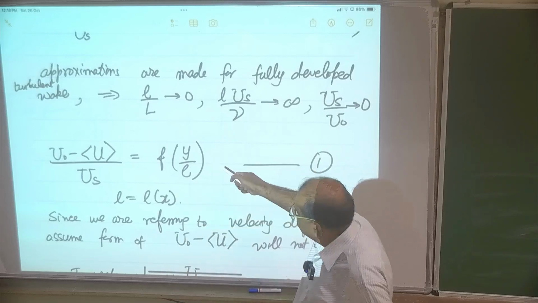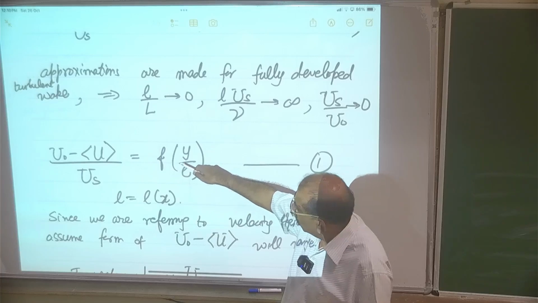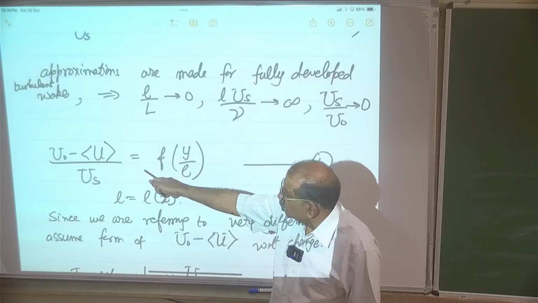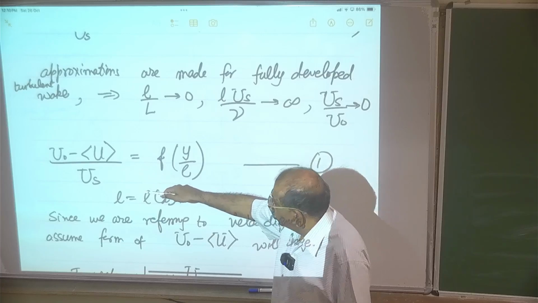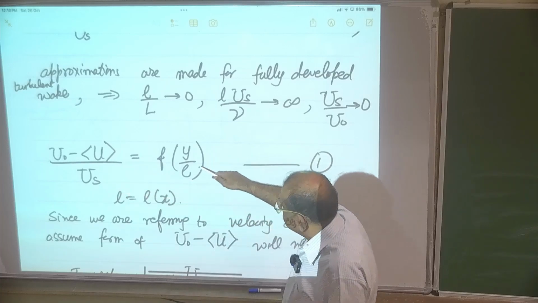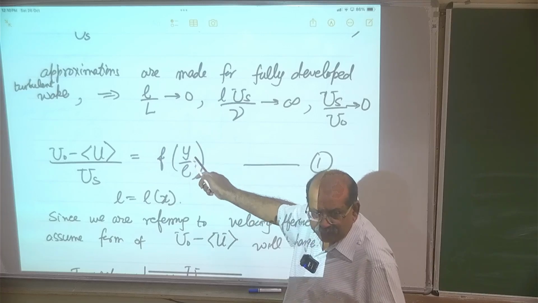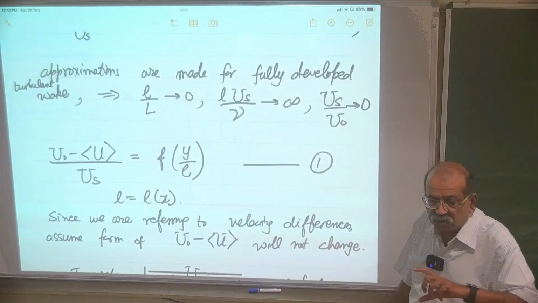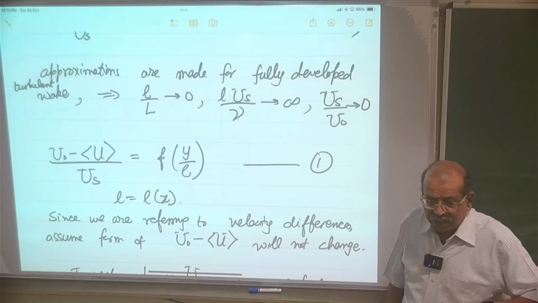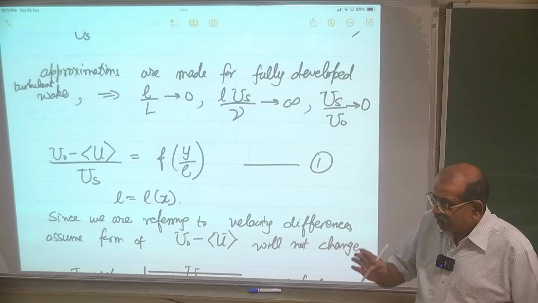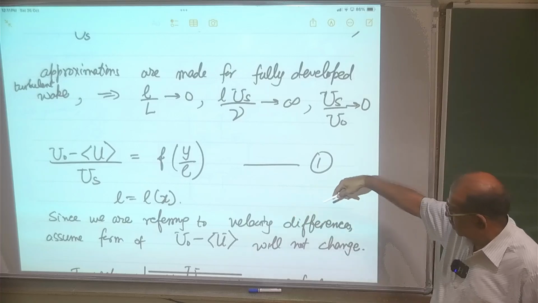That is what we were trying to determine, how to get the profile for the mean velocity. So we wrote u0 minus u upon us as some function of y by L. Notice y by L is also suitably non-dimensionalized. L is some quantity which is a function of x.